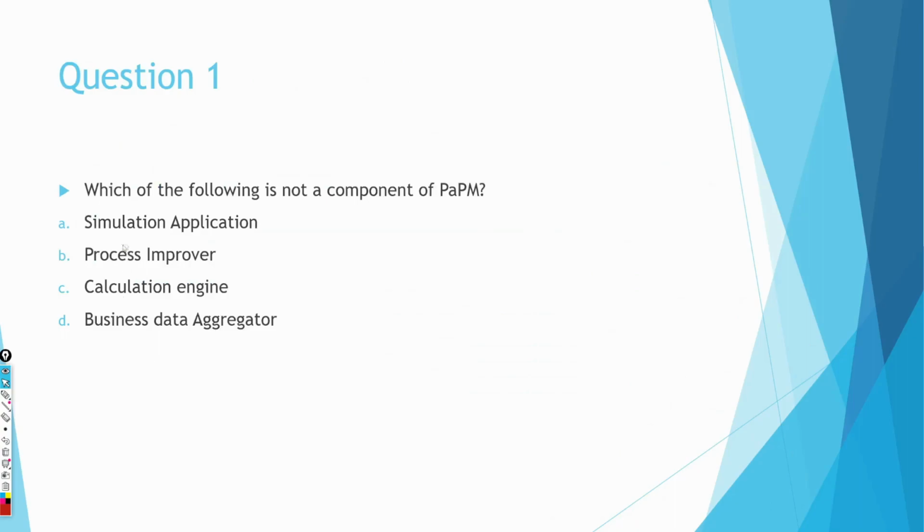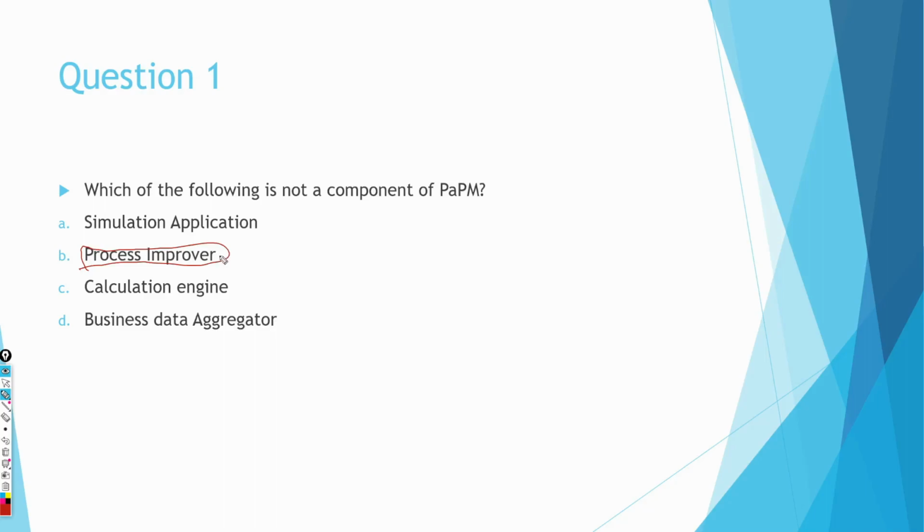Now, a simple question: which of the following is not a component of PAPM? First is simulation application, process improver, calculation engine, business data aggregator. If you see the previous section, PAPM does not improve any process. So the answer will be process improver. PAPM will not improve your process.